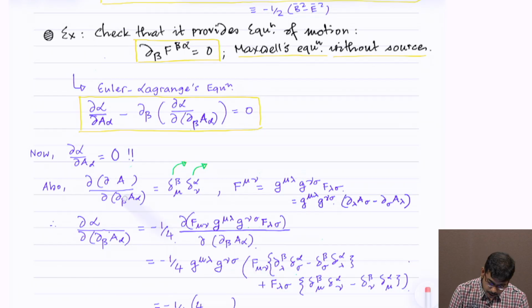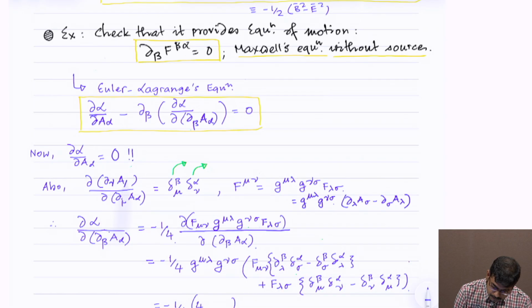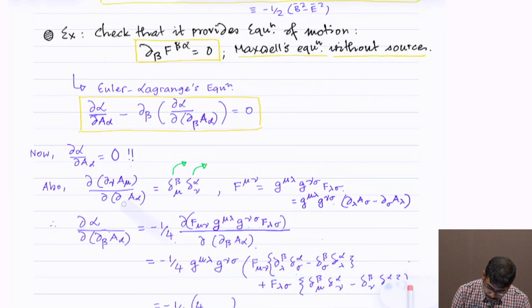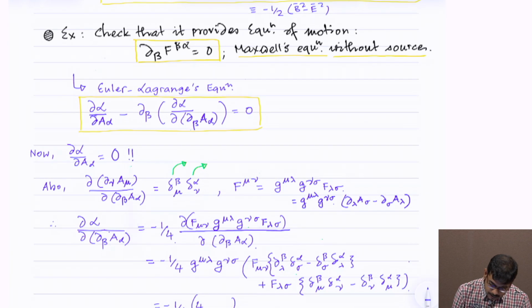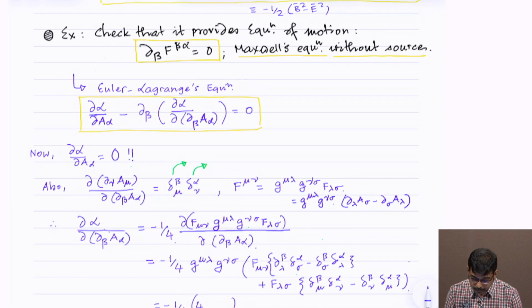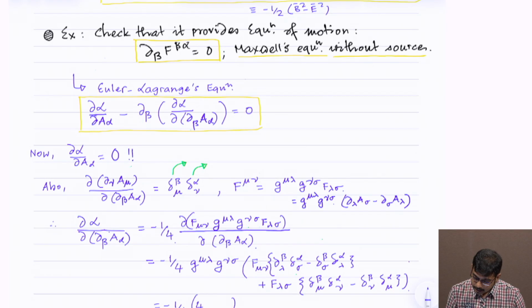Now, suppose I want to find out the same quantity for del nu A mu del beta A alpha. What will this be? This is the only quantity that will give a non-zero contribution when nu and beta are the same, right?